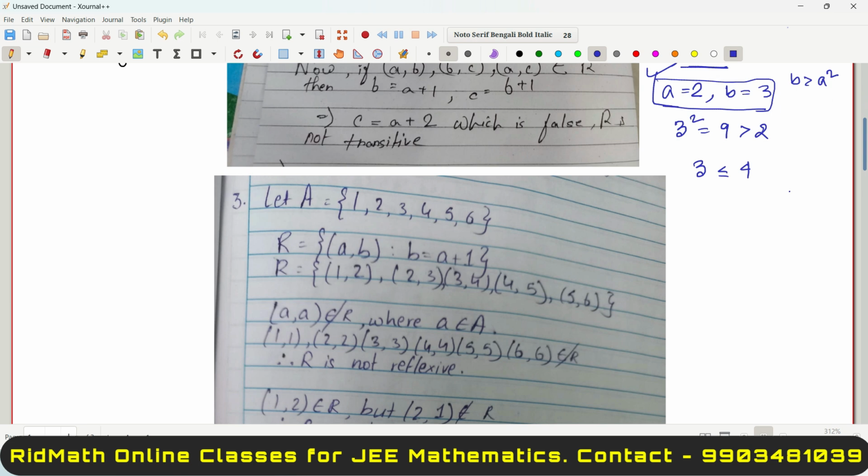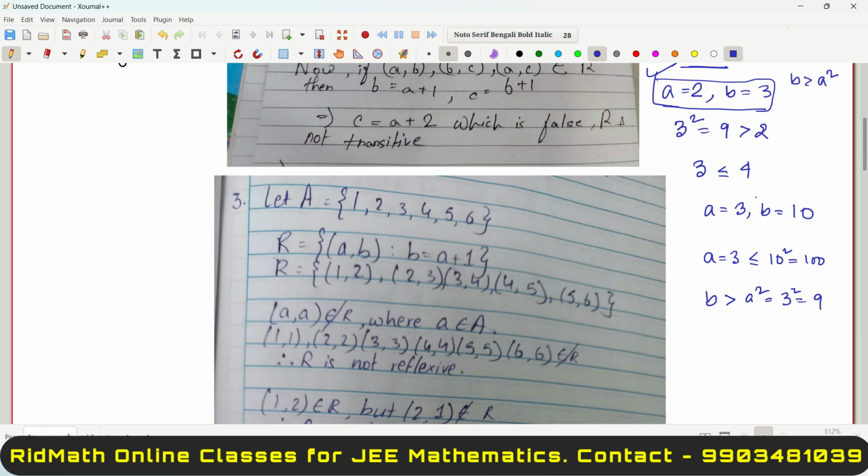Let us take a equal to 3 and b equal to 10. Then a equal to 3 is less than 10 square, which is 100, and b is greater than a square, which is 3 square equal to 9. 10 is greater than 9.